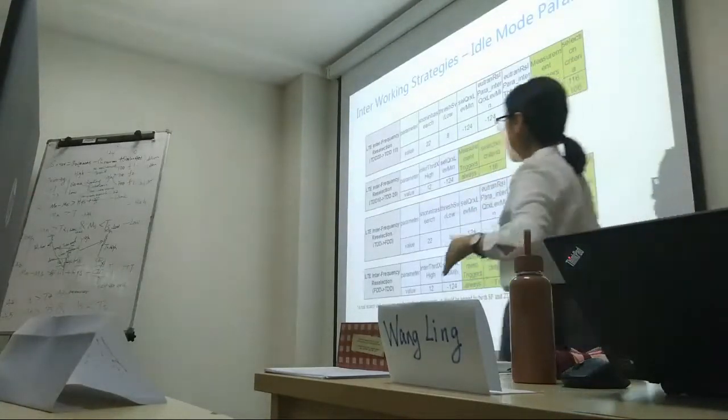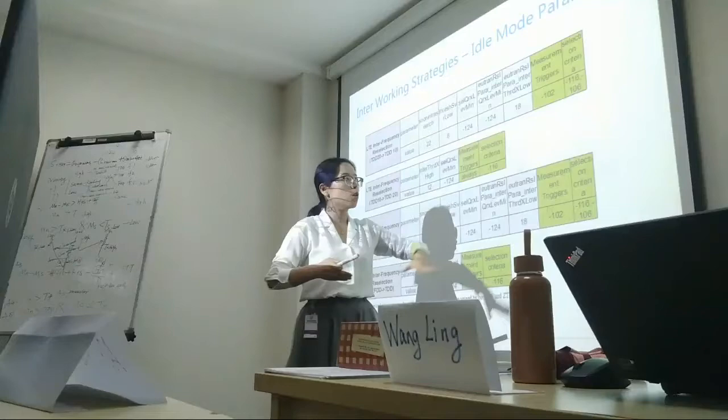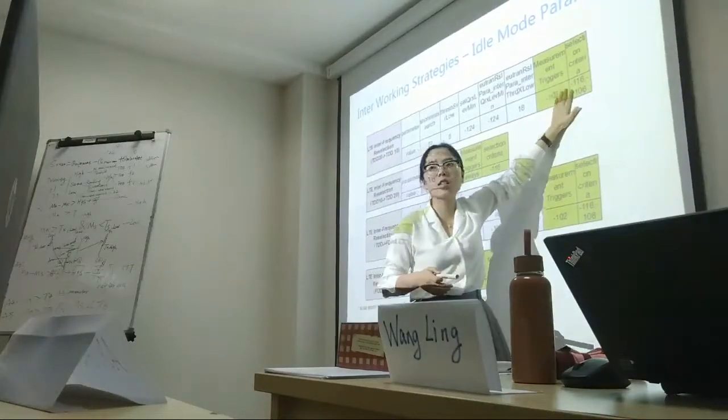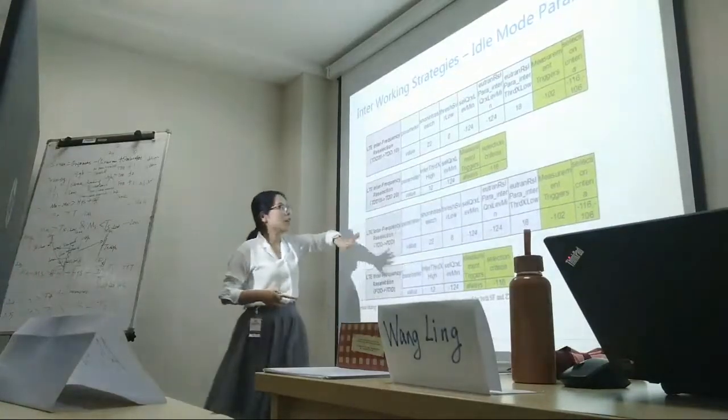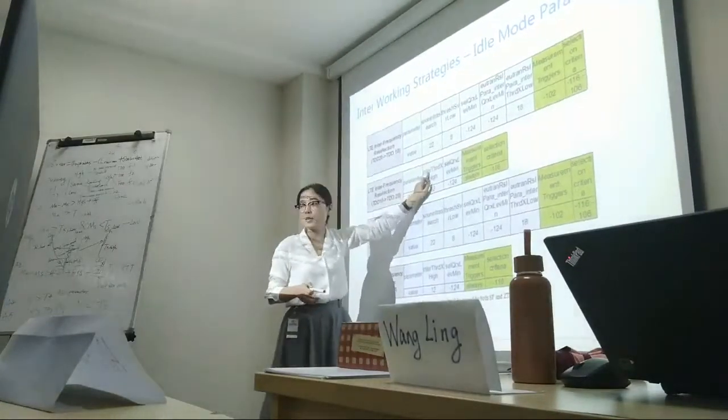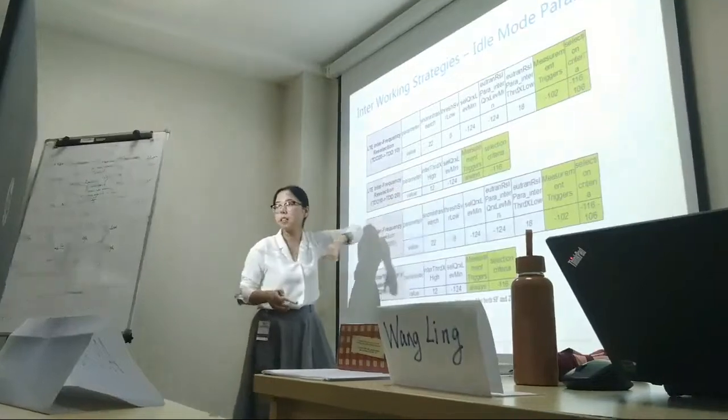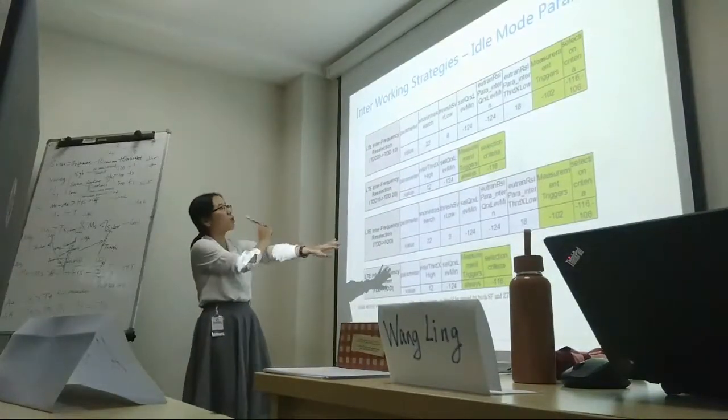Okay, let's see all the parameters. The parameter we give you is actually the final parameter. When we configure like this, the S value is like this. So let's see the values.